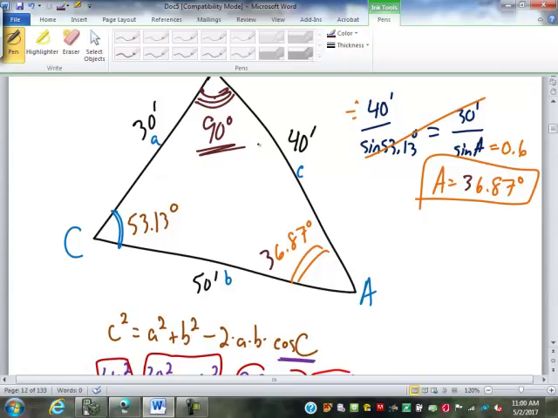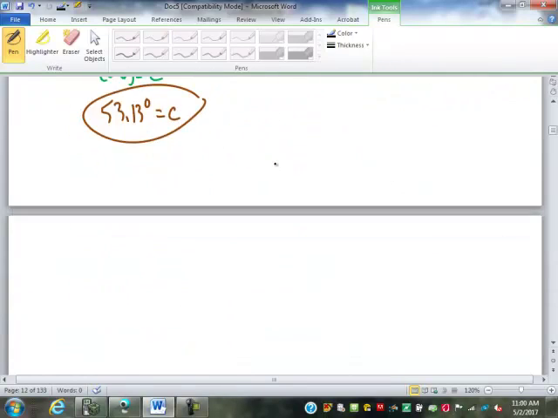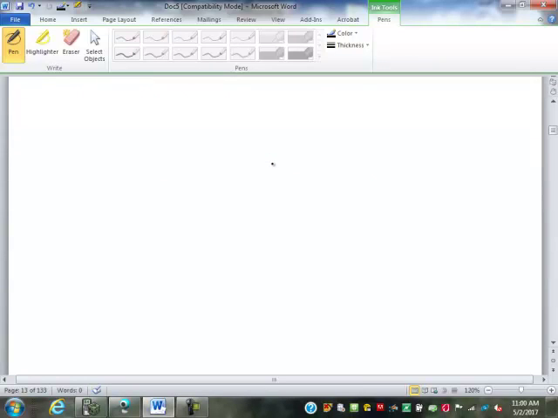That actually was a right triangle. I was just messing with you. If you had done a squared plus b squared equals c squared, it would have worked out. 30, 40, 50, 3, 4, 5. I was waiting for somebody to yell that out when we were going through it.